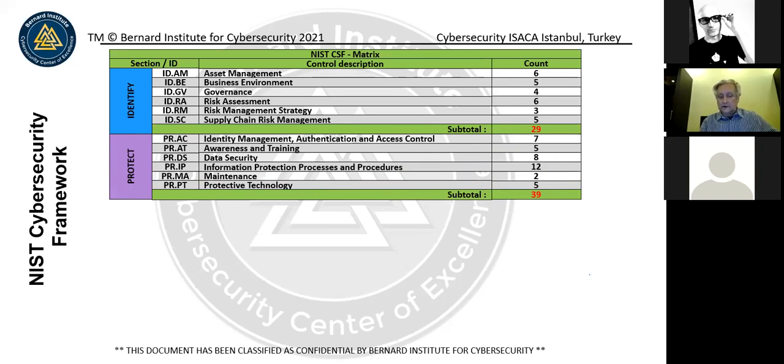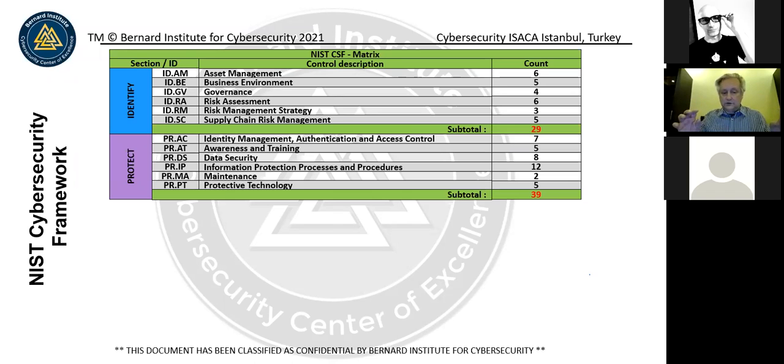So protect. Under identify, we're going to identify the assets, set up governance, do risk assessments, and make sure the supply chain is part of that process. Under protect, now we're going to activate what I would consider a very condensed set of control activities, comparable to a very light version of ISO 27001.